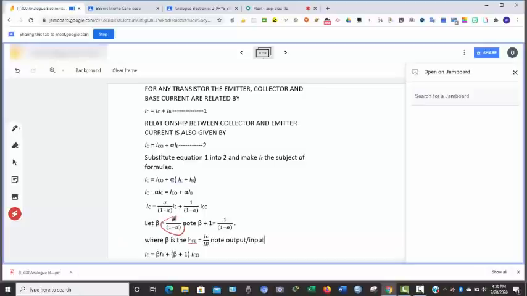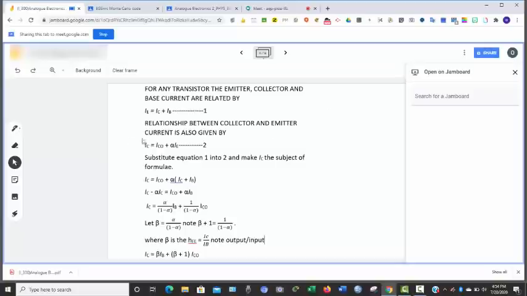If beta is equal to this, then it means beta plus 1 will be equal to 1 over 1 minus alpha. Now if I have beta plus 1 will be equal to alpha over 1 minus alpha, then plus 1 by this. That is, our IE is equal to IC plus IB.